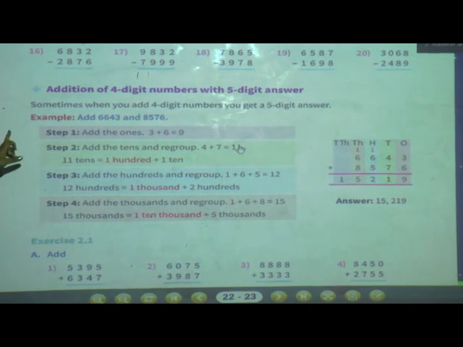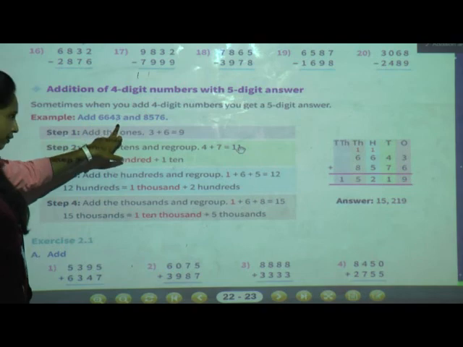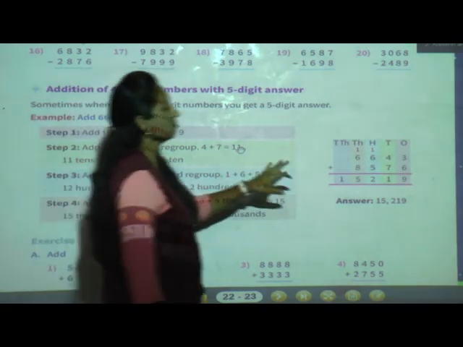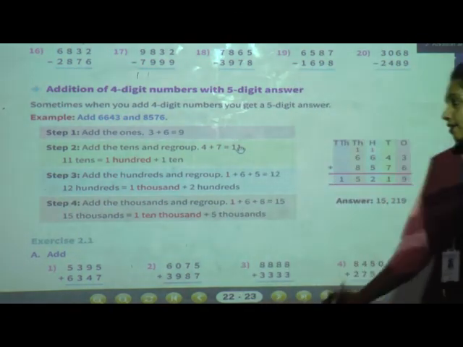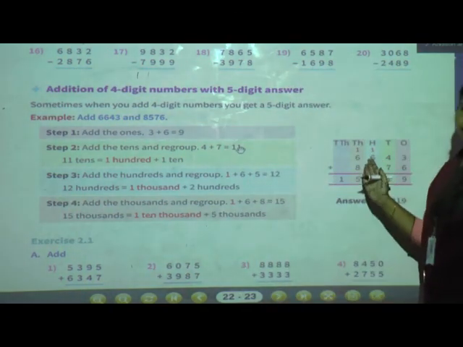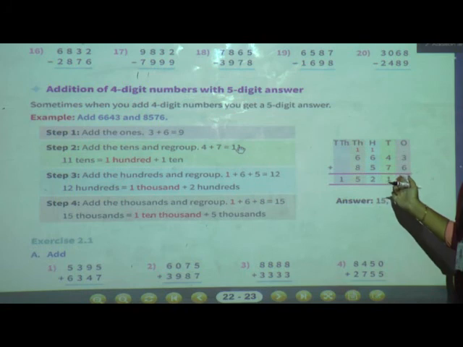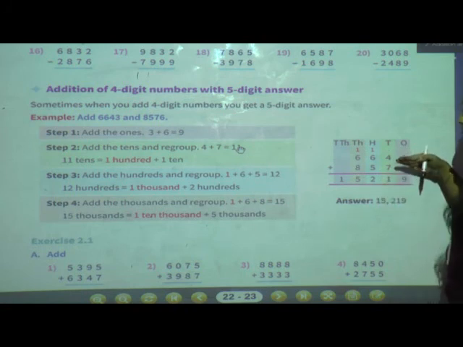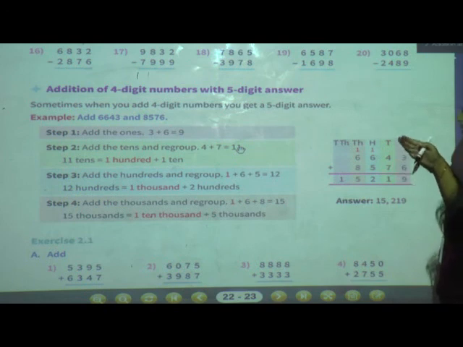Now see, for example, add 6,643 and 8,579. So what we will do first? We will draw the place value chart and we will write the numbers one below each other in the place value chart.